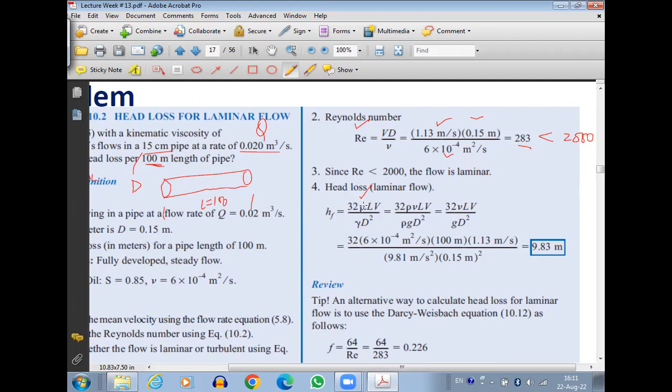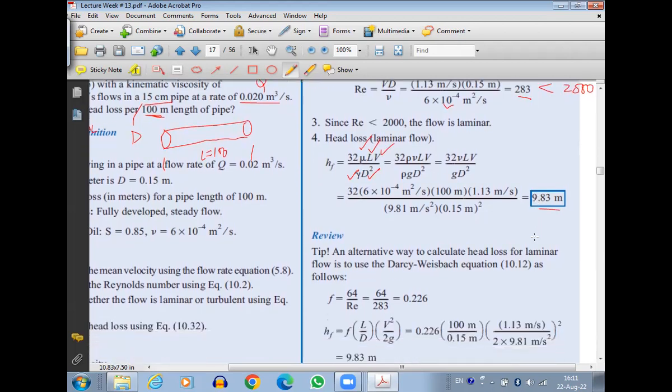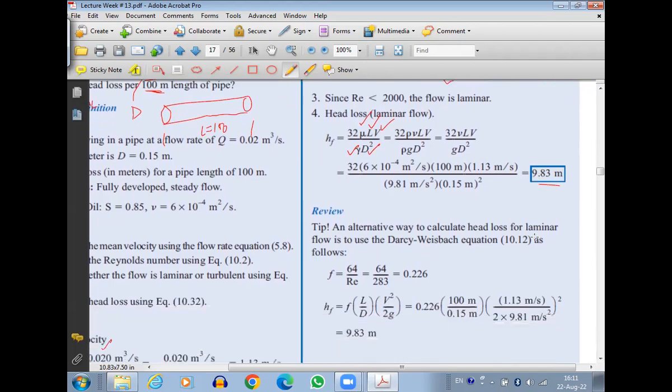Length is 100 meter, also known. Velocity we have already calculated. Diameter is known. Gamma is known, why? Because we know the specific gravity, so if you know the specific gravity, you can find out the specific weight. Substituting all these values, the head loss comes out to be 9.83.